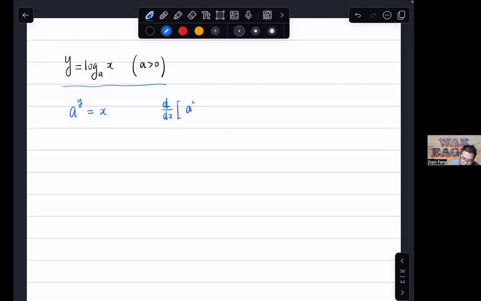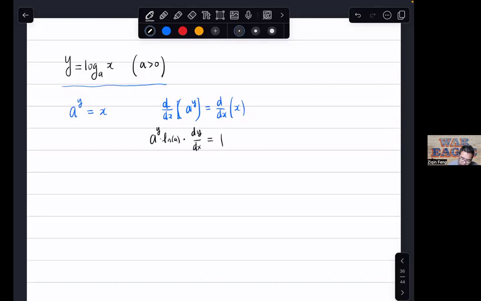You get a to the y equal to d over dx of x, and the right side is 1. Left side, outer function, if you differentiate that, you get a to the y times natural log of a, then times dy over dx, right?